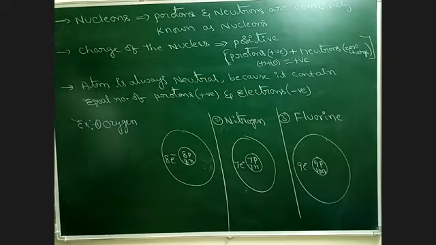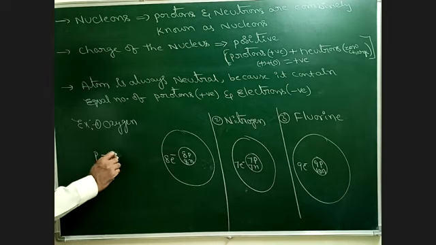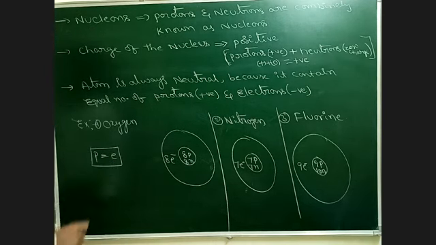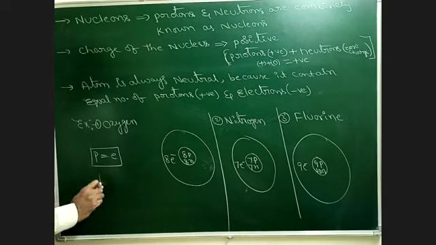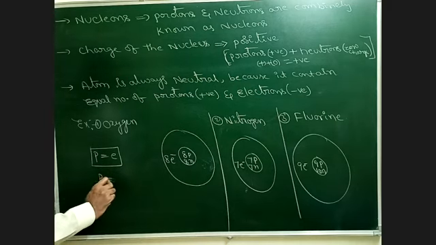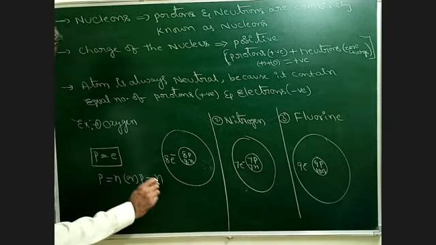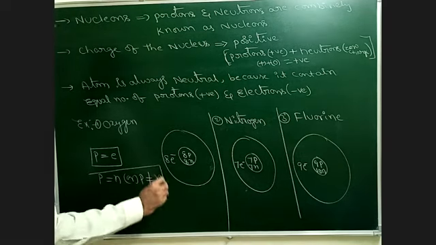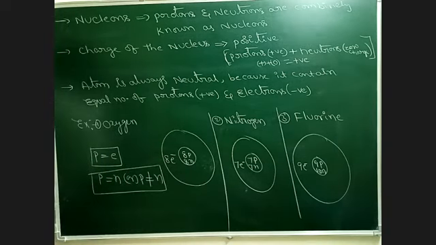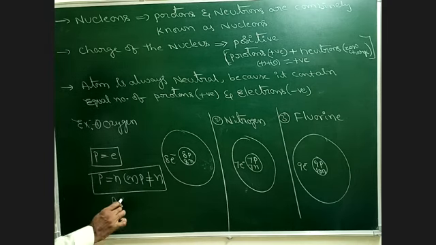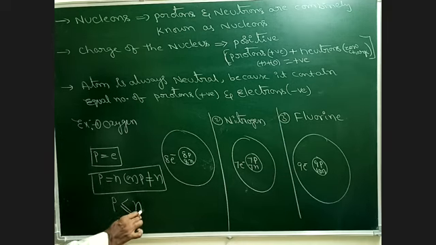So protons are equal to electrons, but protons and neutrons may or may not be the same. In general, the number of neutrons is more than protons. So I can write, protons are less than or equal to neutrons.